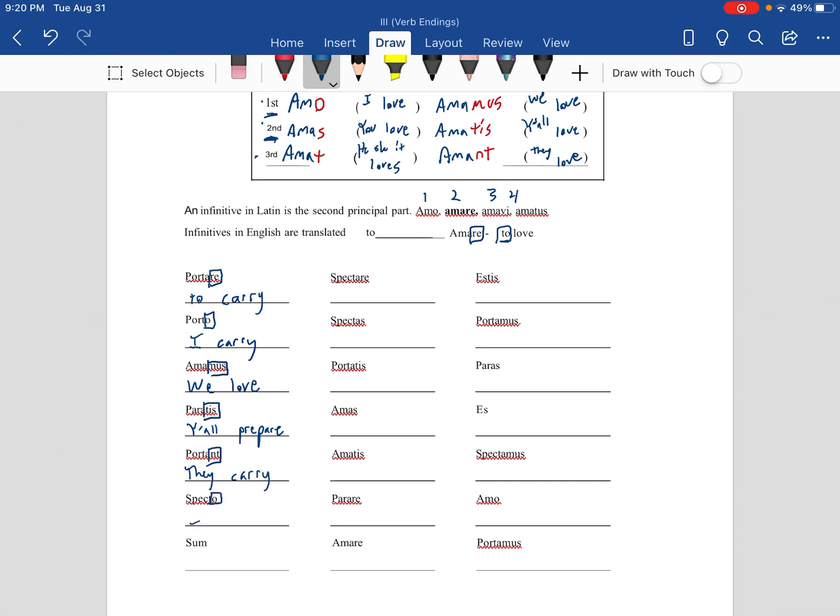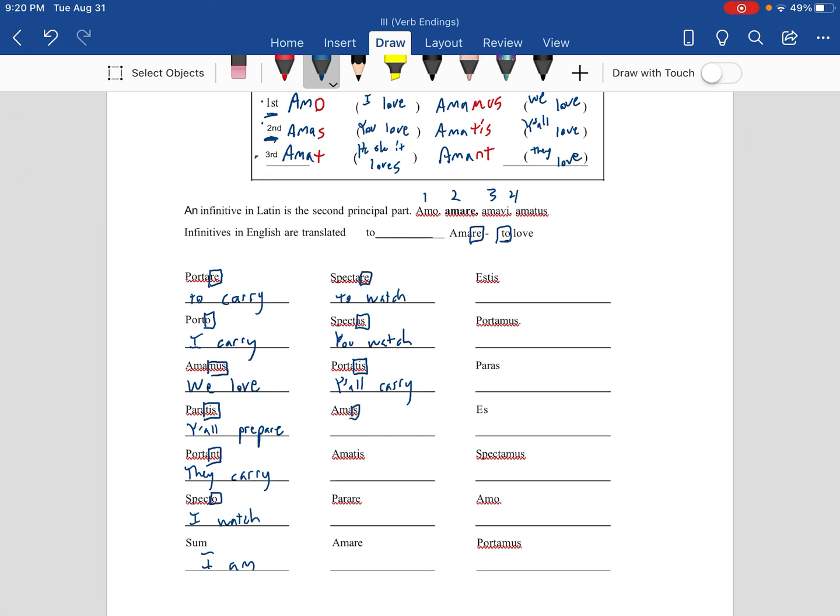Specto, the O is I watch. Sum is irregular. And we saw this last lesson, I am. Spectare, the RE lets us know infinitive, to watch. Spectas, S, you watch. Tis is y'all. Y'all carry.